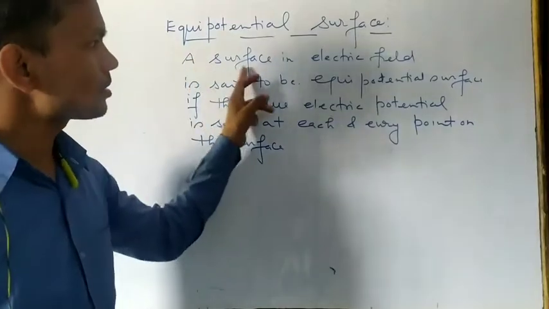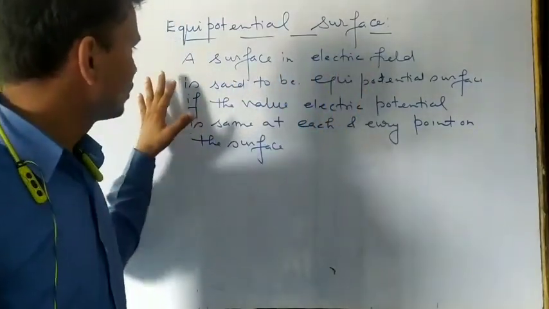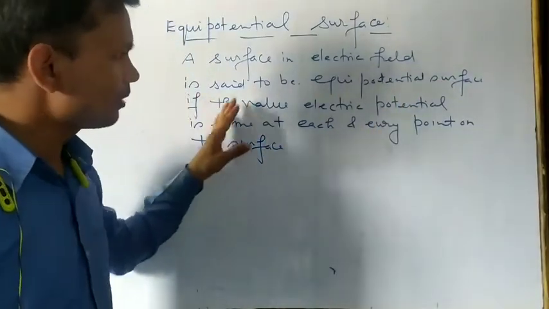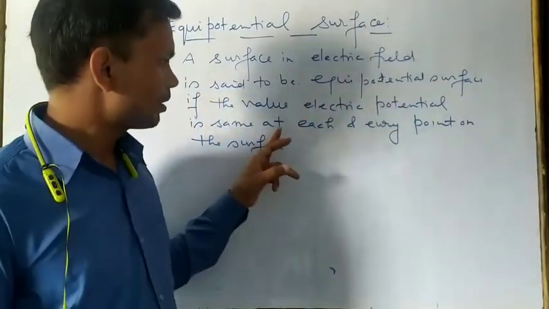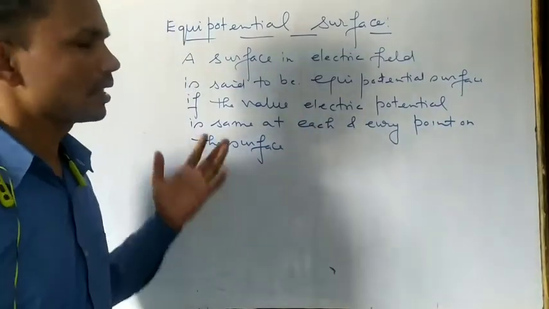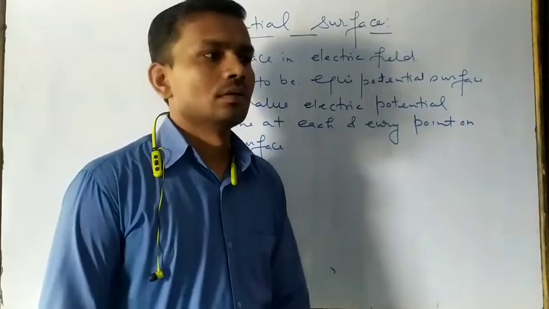What we have written means a surface in electric field is said to be equipotential surface if the value of electric potential is same at each and every point on the given surface we considered, right?